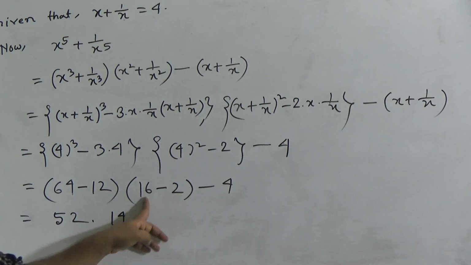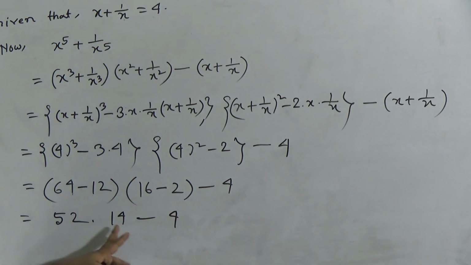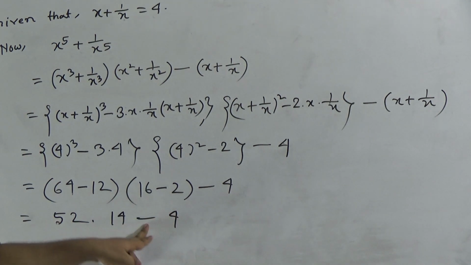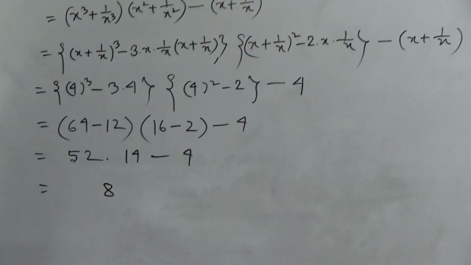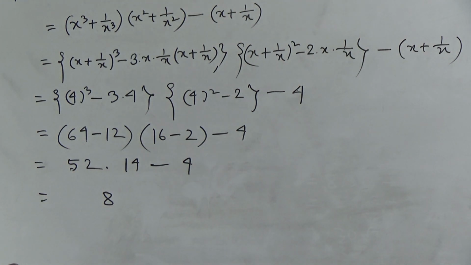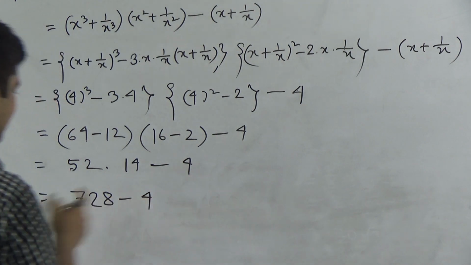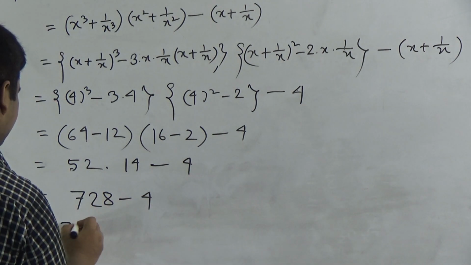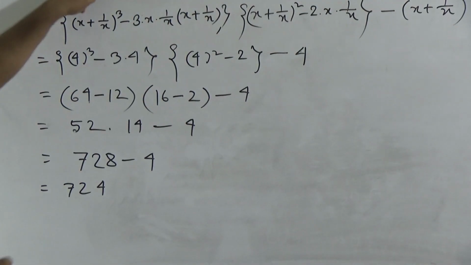If we subtract 2 from 16 then we get 14 minus 4. Now we multiply this 14 with 52. Okay. So 14 twos are 28, 8 carrying 2, 14 fives are 70, 70 plus 2 is 72 minus 4. If we subtract 4 then we get 724, and it is the answer of this expression.